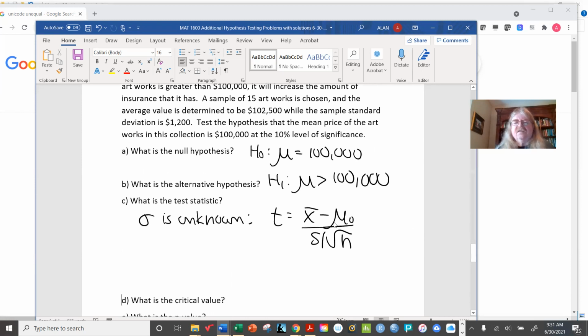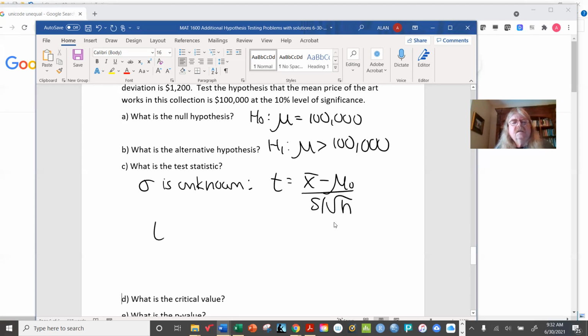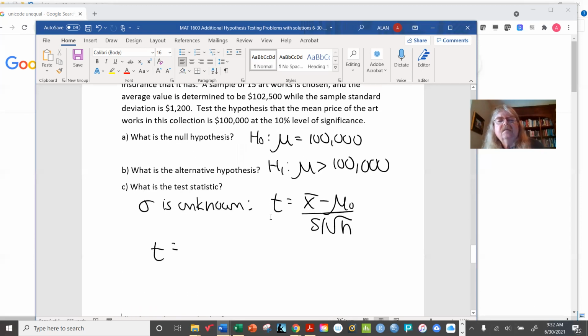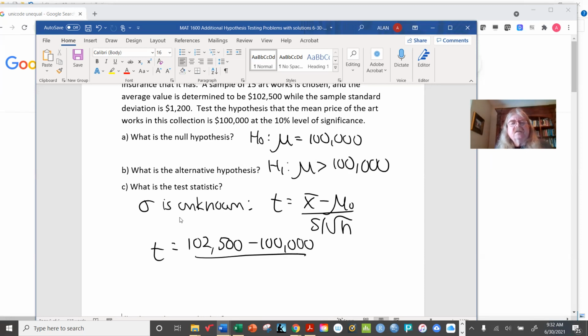And then while we're at it, let's fill in the numbers. All right, so the sample mean turned out to be 102,500. The population mean is 100,000. The sample standard deviation is 1,200.